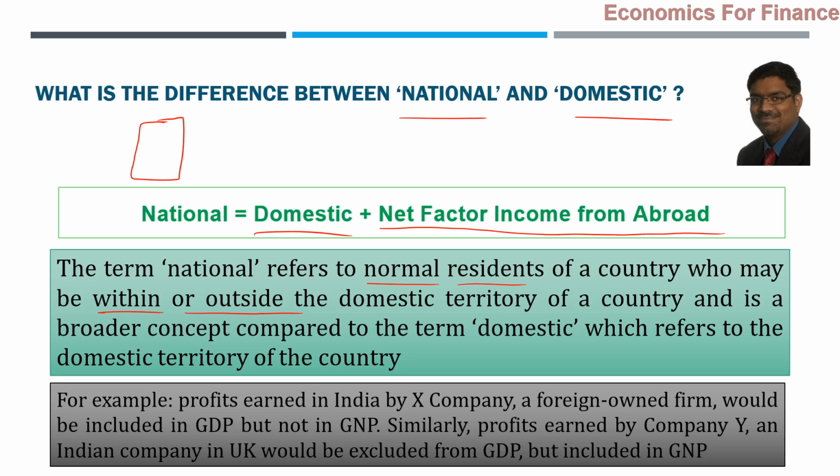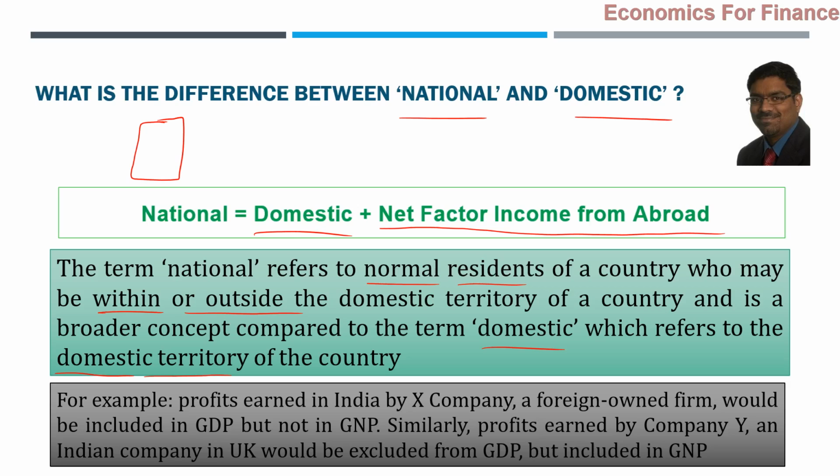Naturally it is a broader concept when compared to the term domestic, which refers only to the domestic territory of the country. And if you remember, NRI's income, NRI's value addition, was not included in GDP calculation. But now the question comes, what about GNP calculation? Will that be included? The answer is yes, because we are not talking about domestic territory here.